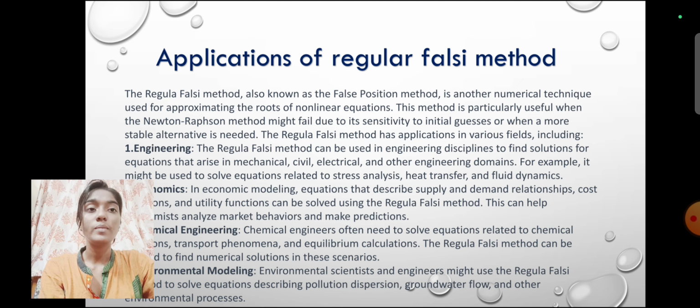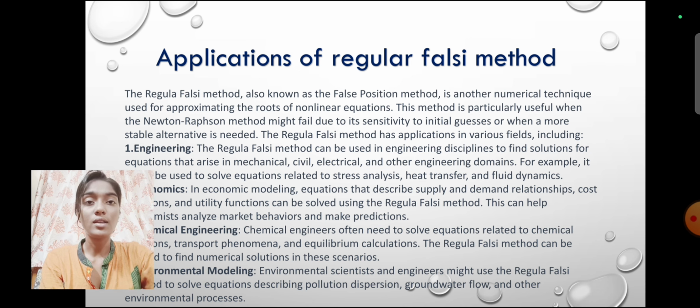The regula falsi method has applications in various fields, including engineering. It can be used in engineering disciplines to find solutions for equations that arise in mechanical, civil, electrical and other engineering domains. For example, it might be used to solve equations related to stress analysis, heat transfer, and fluid dynamics.